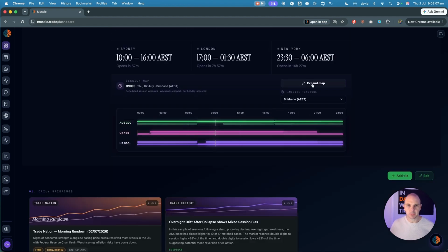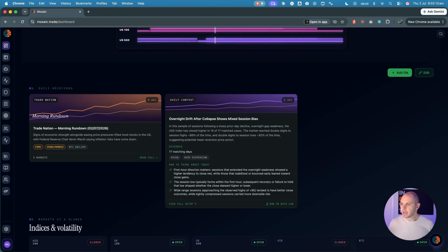So that's pretty handy. Moving on, we've got daily context. So every morning, Mosaic AI scans the data, highlights a pattern, setup, etc., and just puts it here.